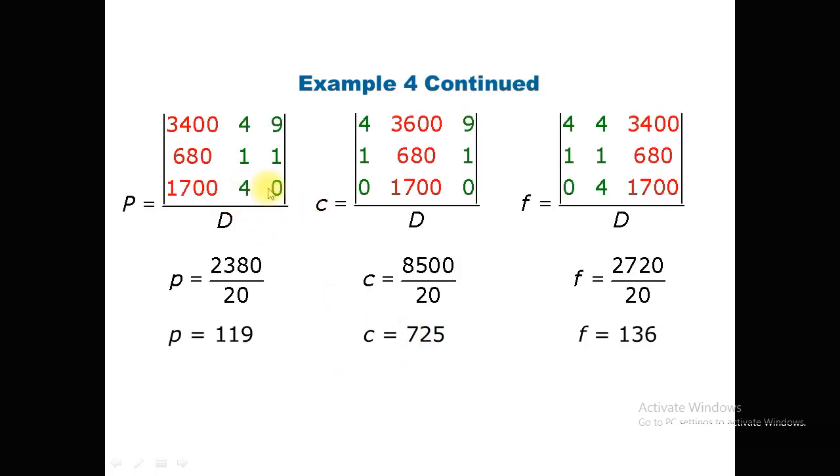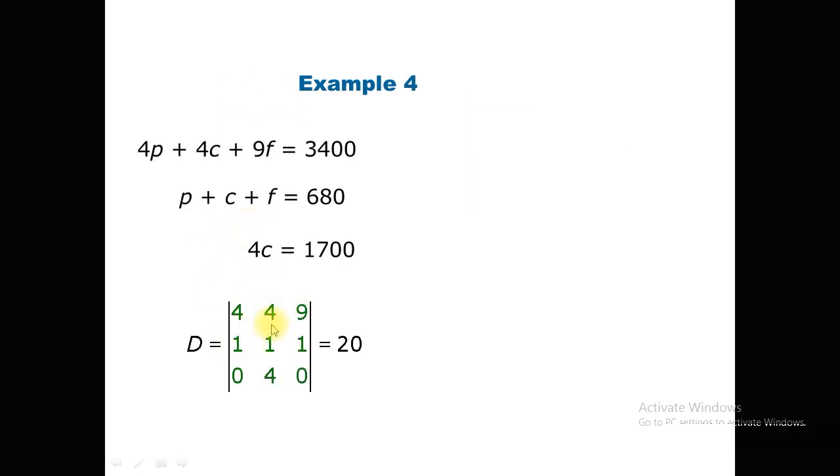Now to find the value of p, replace the first column, the first coefficients column, of the coefficient matrix by the constants which lie on the right hand side of the system, find this new determinant and divide its value by d, where d is the determinant of the coefficient matrix.